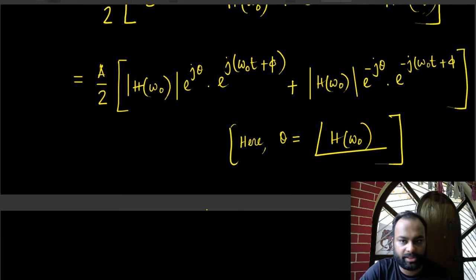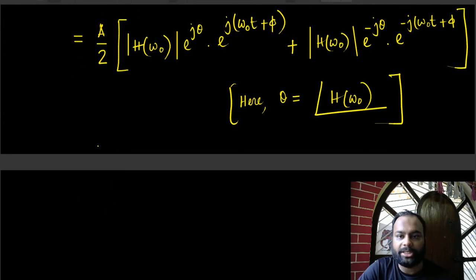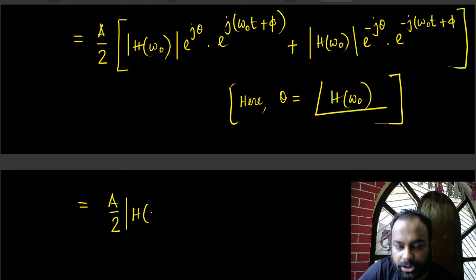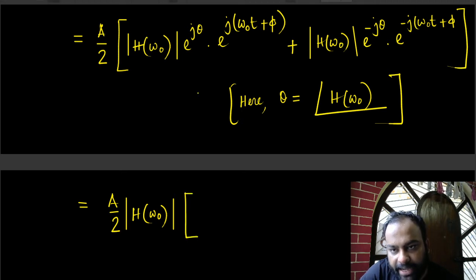No confusion with this. All right, so mod H omega naught can go outside, so I have A by 2 mod H omega naught, because that's a constant from both the terms, and here I have e to the power j (omega naught t plus phi plus theta).